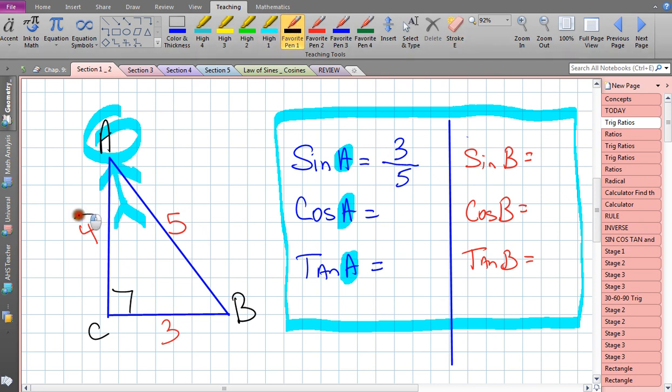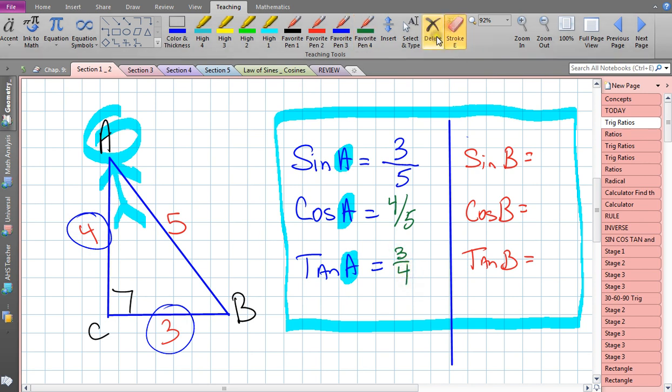Cosine is adjacent over hypotenuse, so that's going to be written as 4 over 5. And what do you know about tangent? Tangent is the opposite side relative to where we're standing, divided by the adjacent side. So that's going to be 3 divided by 4.